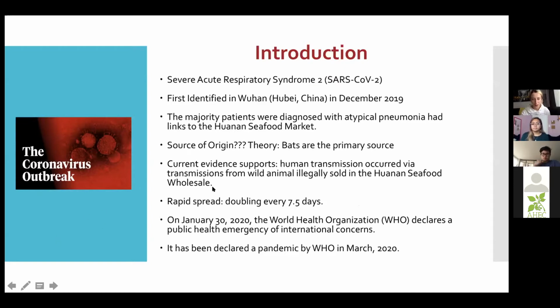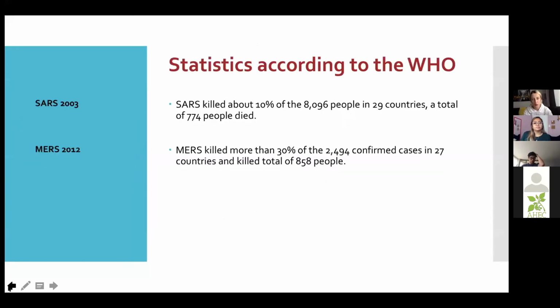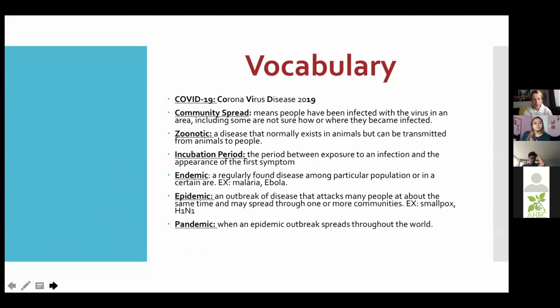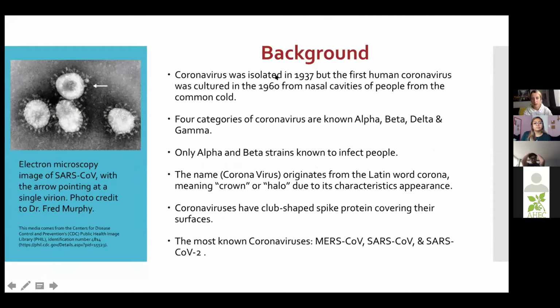That's a good question. So in 1937, if we go back to that slide, coronavirus was isolated in 1937. Bats naturally carry that virus and they're asymptomatic, which means they live with the virus circulating in their blood. There is no real study yet proving why they're a good host, but hopefully in the future.